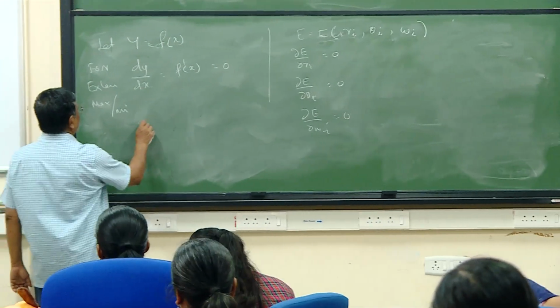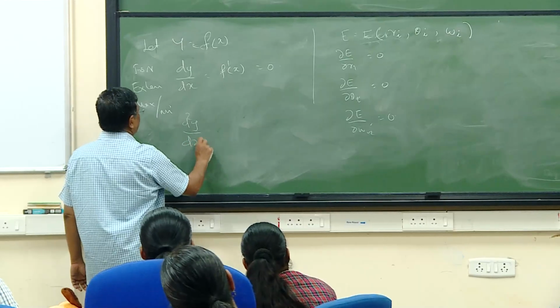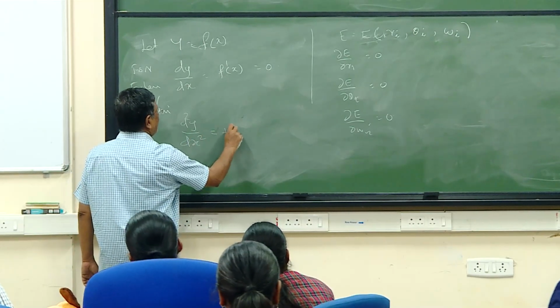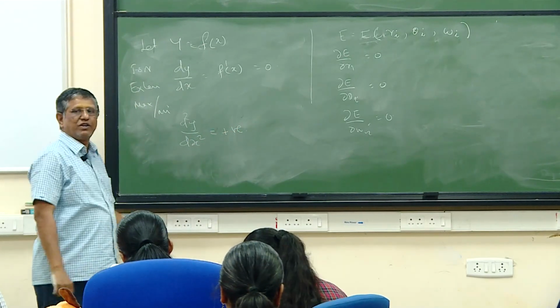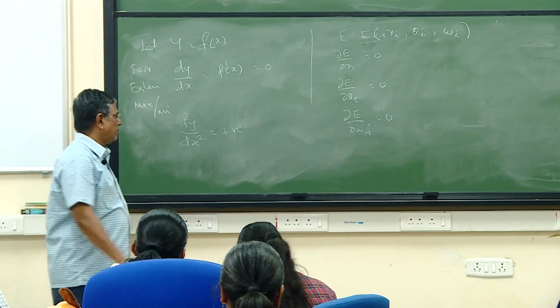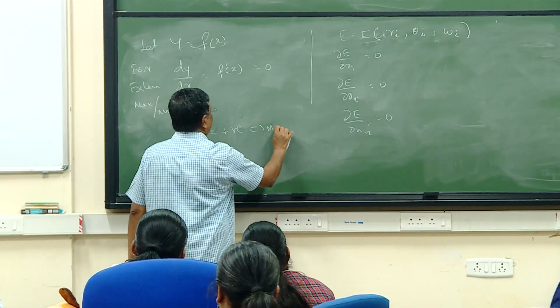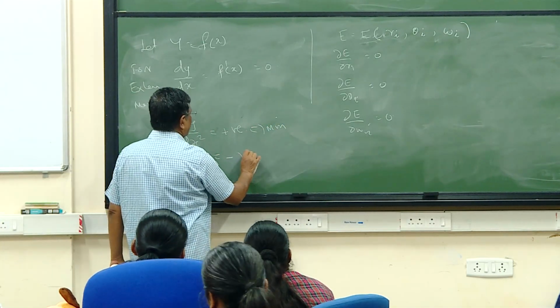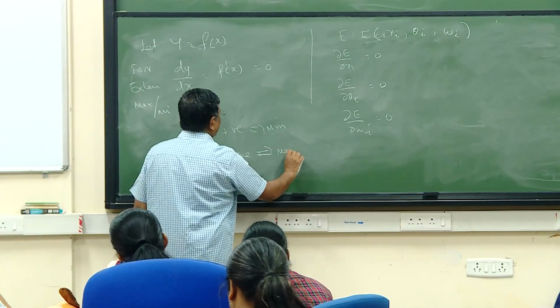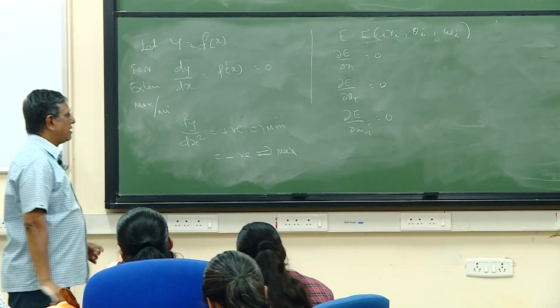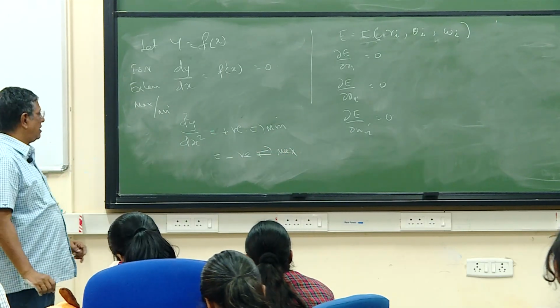Then we have to characterize. How do you characterize? You have to calculate the second order derivative, d square y by dx square. If it is positive, minimum. If the second order derivative is negative, it is maximum. Because this quantity is intimately related to the force constant.